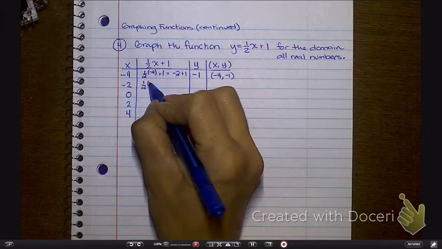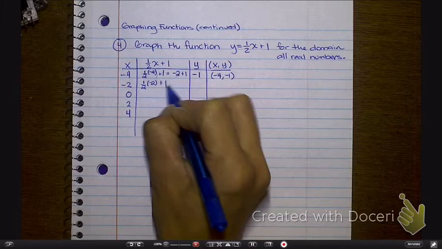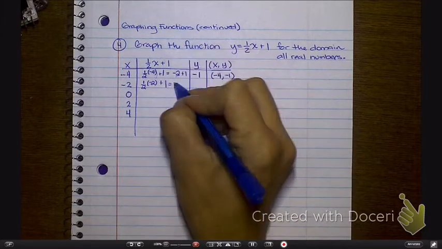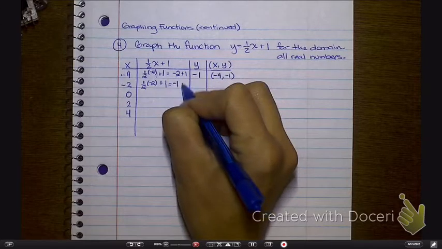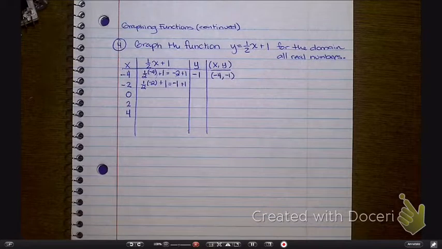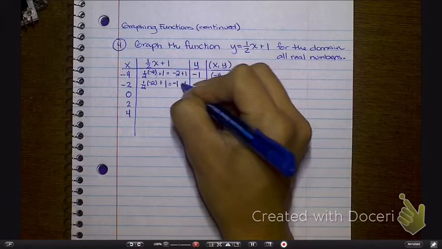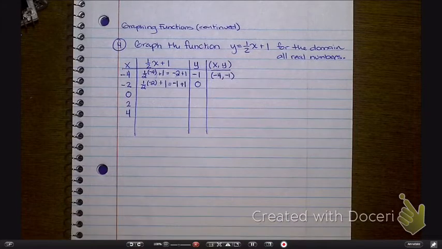1/2 times -2 plus 1. So this makes a total of -1 plus 1. Okay, so what is -1 plus 1? 0.